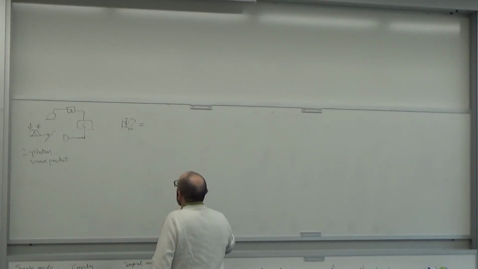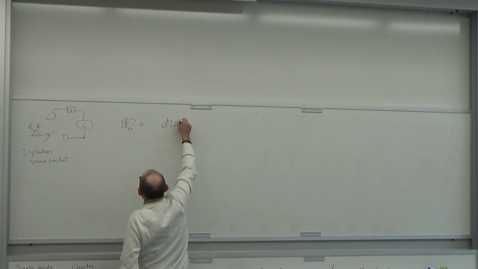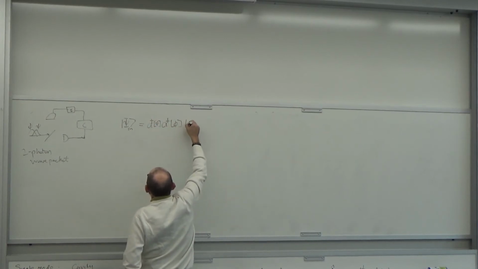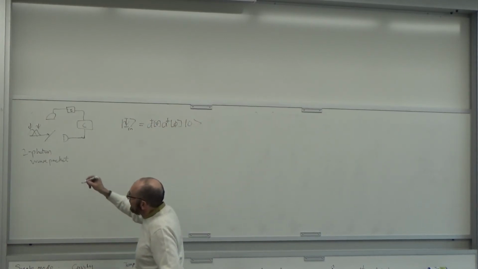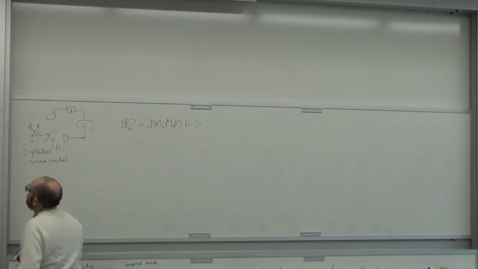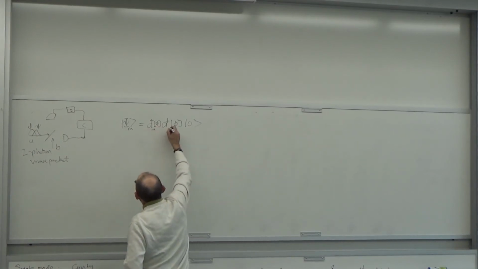We'll come back to that. So I'm going to create one photon in the state psi, and another photon in the state phi, acting on the vacuum, where this mode is A, and this mode is B. And let's say that's my A in.